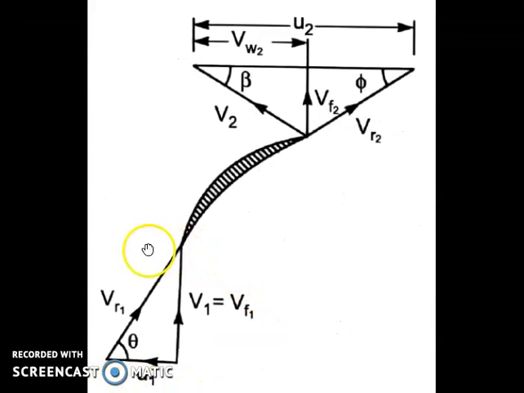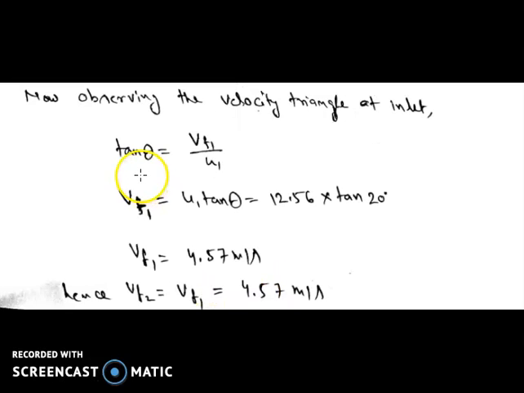Now we have to observe the velocity triangle diagram at inlet. Here we can see that tan theta is equal to Vf1 divided by U1. We have already calculated the value of U1 and we already know the value of theta, so the value of Vf1 can be easily calculated. U1 we have already calculated as 12.56 meter per second and theta is given as 20°.